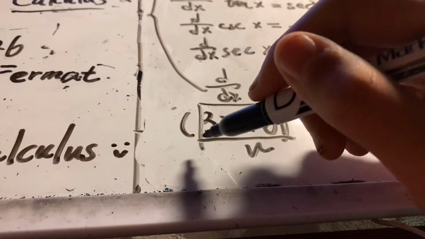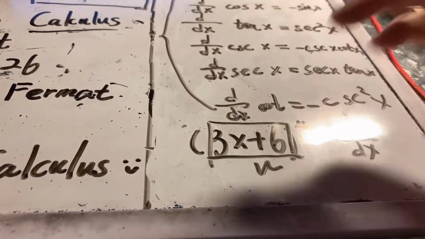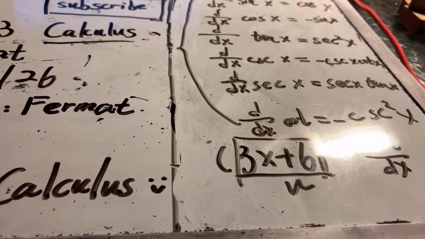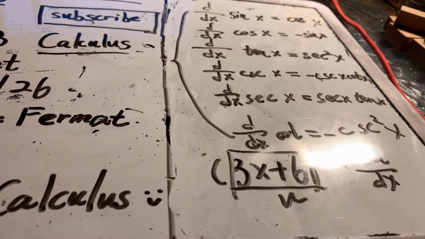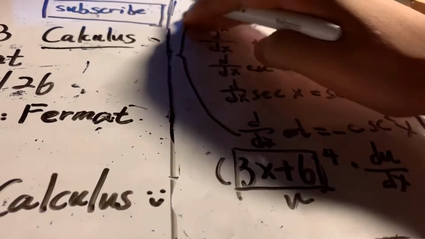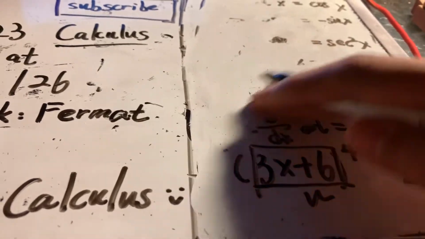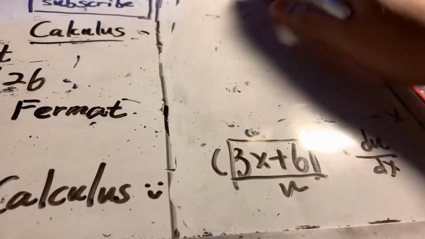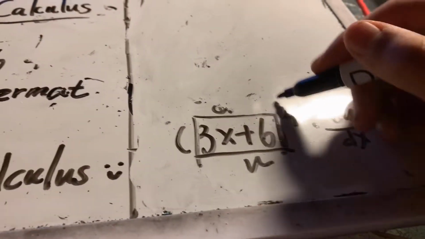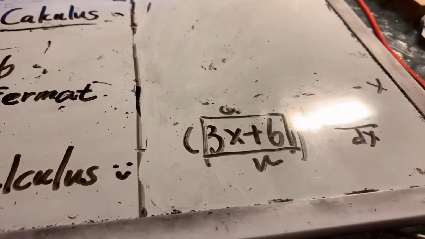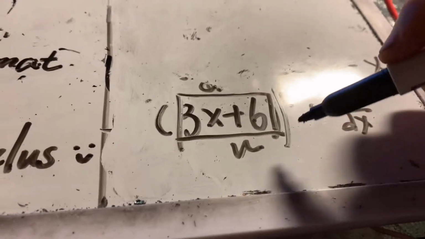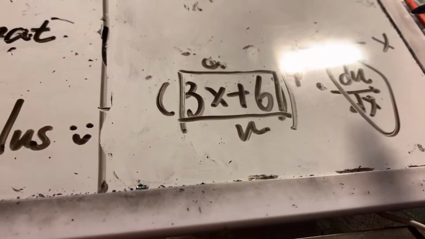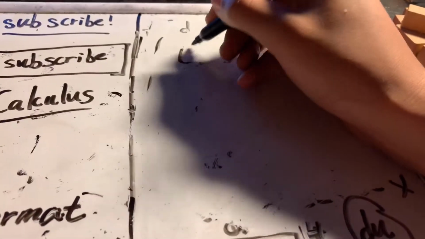This is called the chain rule. If you are solving a complex derivative that cannot be solved via a formula directly, you have to apply the chain rule: substitute part of it as u, and multiply by du over dx, which is the derivative of it. Let's do this.